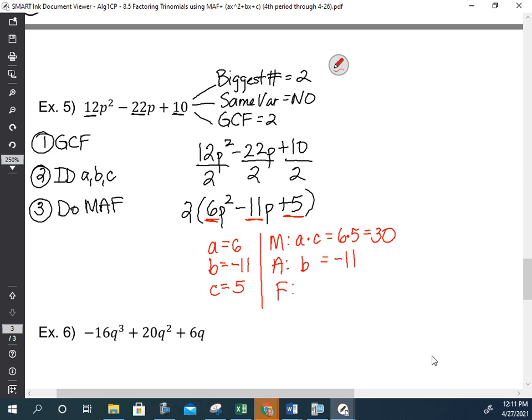So you need 2 numbers that multiply to 30 and add to negative 11. What are they? So a negative 6 and a negative 5.